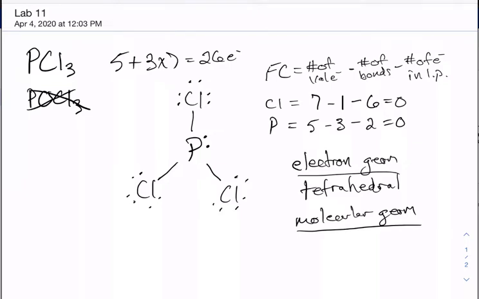For the molecular geometry now, this is the part where it gets a little bit more complicated, because the molecular geometry always starts from the electron geometry and then looks at the lone pair situation on your central atom. Because the reality is, even though I've drawn this molecule like this, where everything looks like it's in a flat trigonal shape, that's not the actual arrangement of those atoms in 3 dimensions.